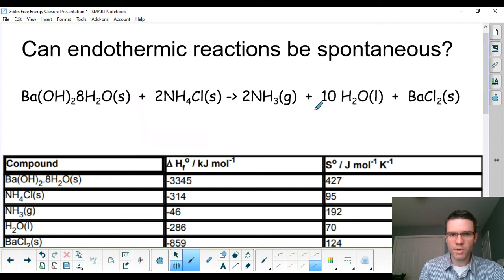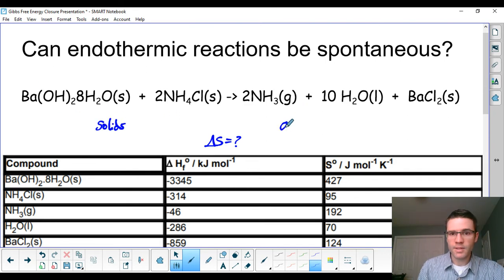So if we just want to predict our signs here, you should be able to do this at this point in the unit. We already said it's endothermic, so what's the sign of delta S for this reaction? Well, the sign for delta S is going to depend on your organization. So let's look at our organization. The first thing I want to know is what our states of matter are. On this side, we're all solids.